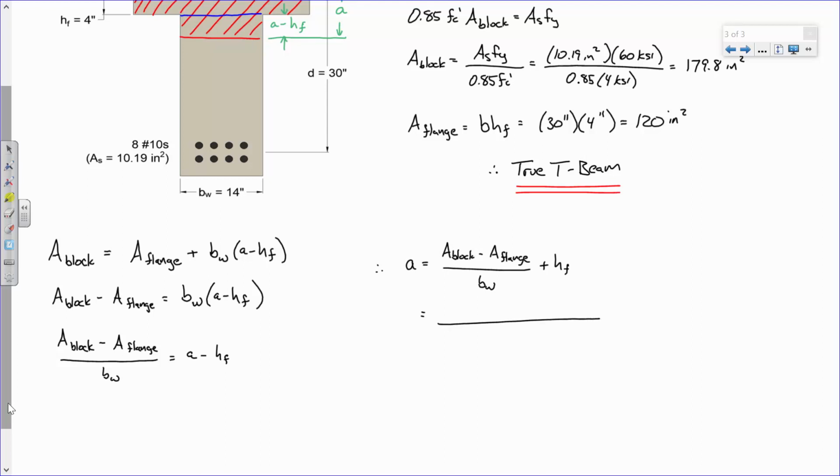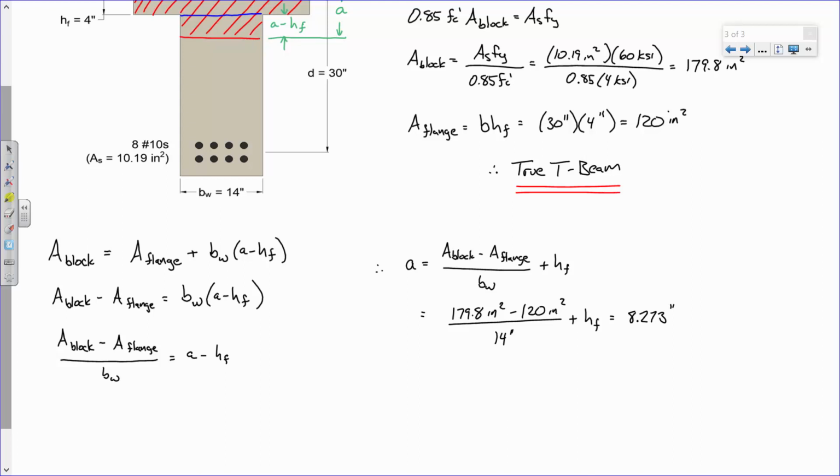And so that's going to equal 179.8 square inches minus 120 square inches over 14 inches, plus H sub F. And so what does that come out to be? 8.27. So I'm going to round that to 8.273. I'm just doing that so we see that the numbers we're using have a little bit of depth, so we know what we're looking at.